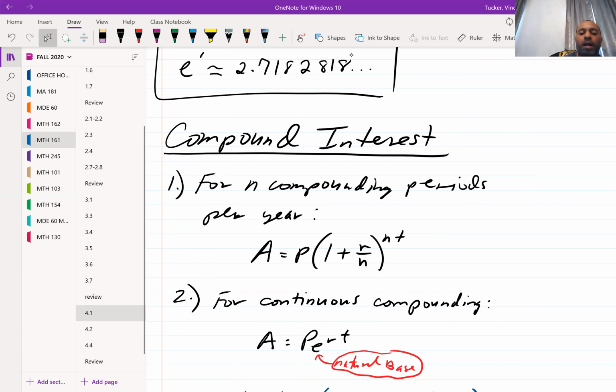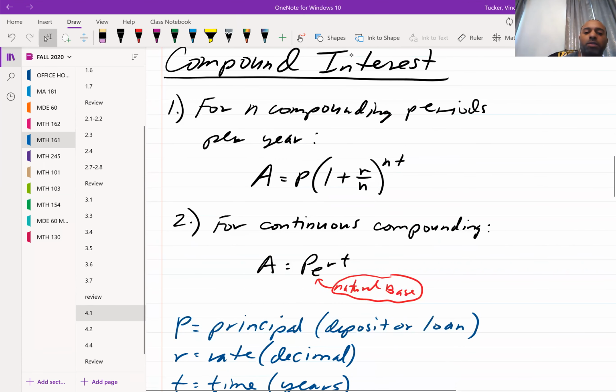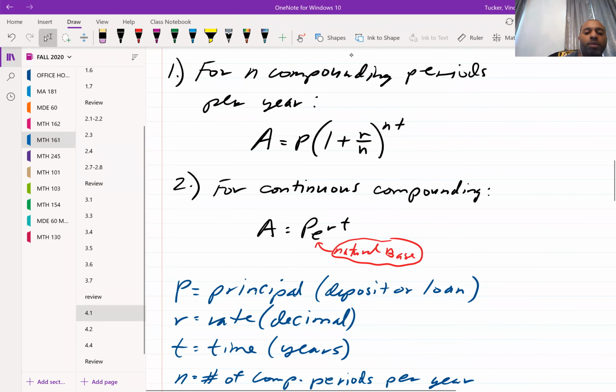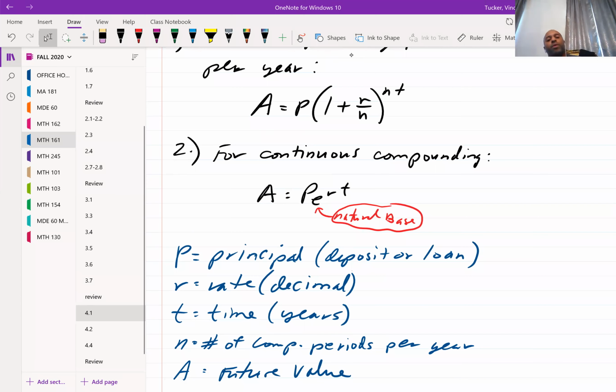So continuous compounding carries on a different formula altogether. And when you're talking about compounding periods, you're talking about how many times the bank hits your account with the interest application. So this is what P, r, t, n, and A represent for us.